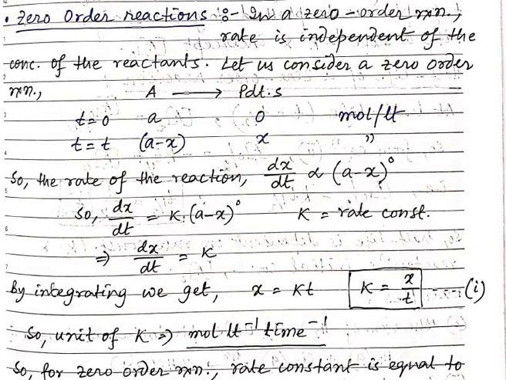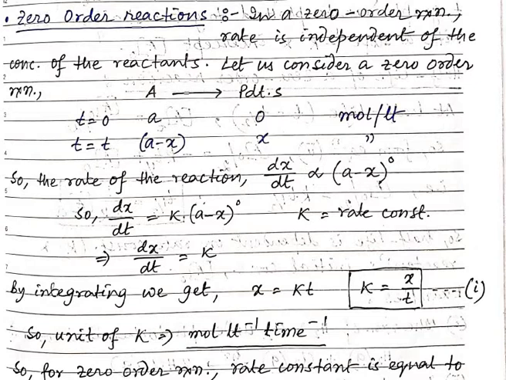That means the rate constant for a zero order reaction is equal to x by t, the concentration of the product at time t divided by the time t. So that is our value of the rate constant.